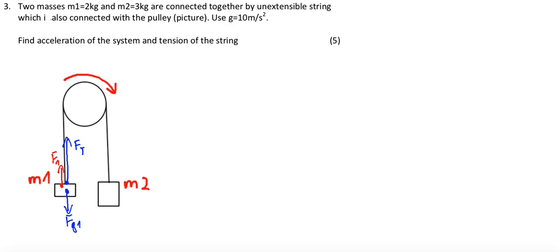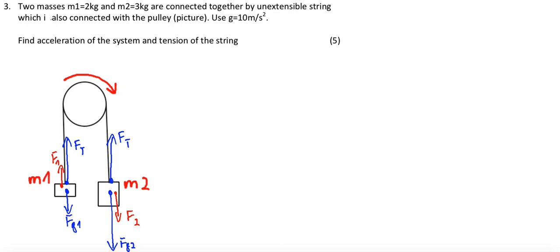Mass 2 also experiences two forces, tension, which is the same as tension acting on mass M1, and gravitational force, Fg2, which must be longer than tension, because overall force, resultant force, acting on mass M2 must be directed down because mass 2 accelerates down.